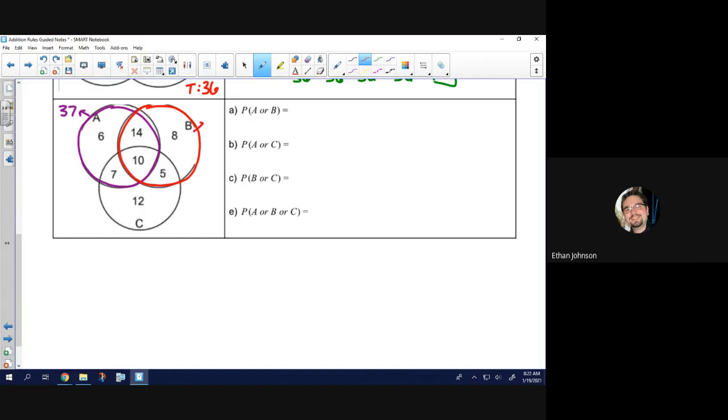Our total here also so happens to be 37. And then everything in circle C is a 7, 10, 12, and a 5 for a total of 34. And then if I add up all of these individual numbers, 6, 14, 8, 7, 10, 5, and 12, I get a total of 62.